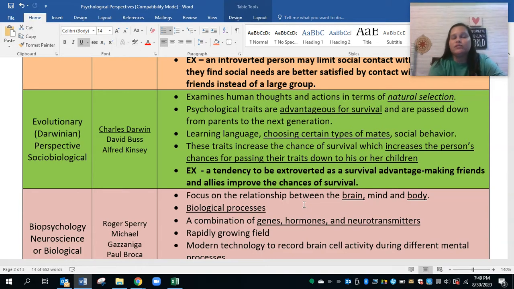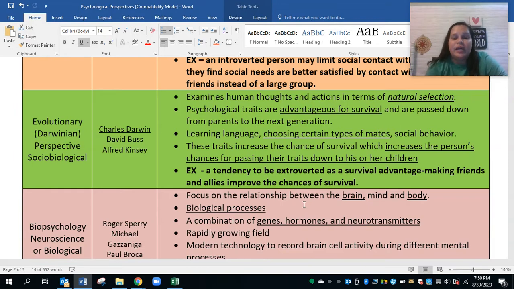And really, the evolutionary perspective looks a lot at how you are going to get your genes into the next generation, pass them down to your kids, so that your genes are going to survive for generations to come. So it looks a lot at choosing mates and the social behavior that goes with that. Traits that are good for survival are the ones that increase your chances of passing them down to your children.